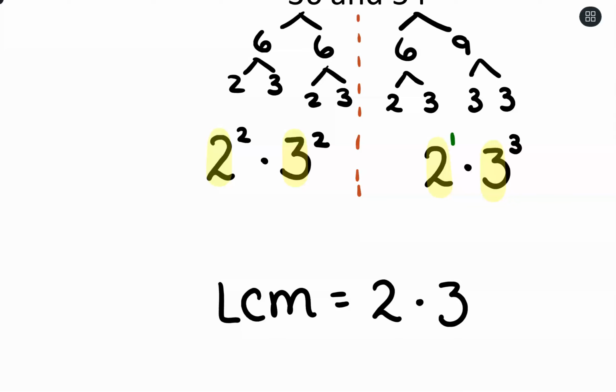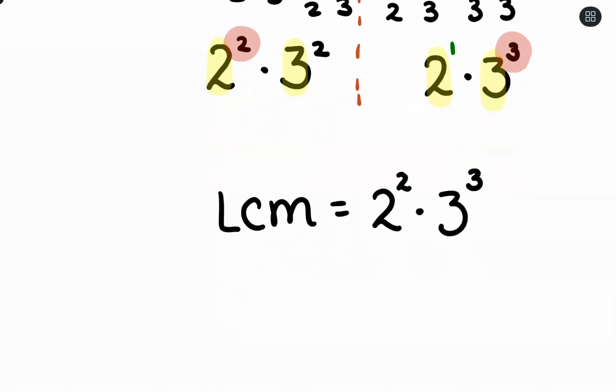So I want to grab the largest exponent. So 2 has an exponent of 2 or 1. So we want to use that exponent of 2 because it is larger. And then with 3, we have an exponent of 2 or an exponent of 3. So we want to use, sorry, my pen keeps changing on me. We want to use that exponent of 3 because it's larger.